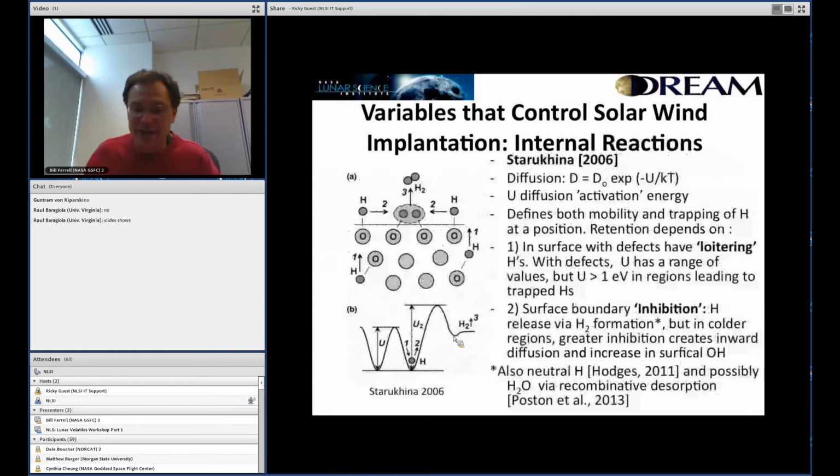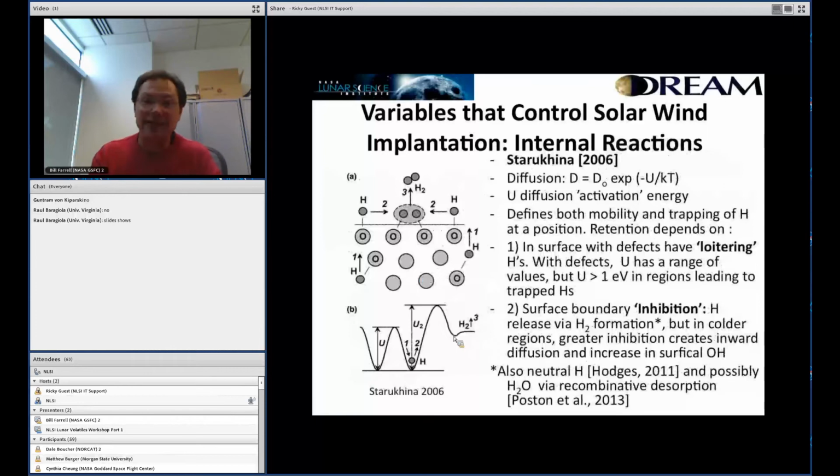Now, to get into more details on the internal reaction, Starukhina in 2006 talked about this diffusion, where the diffusion is a function of the diffusion activation energy, U. Low values of U mean that you can easily diffuse out, and high values of U mean that your H's are trapped.